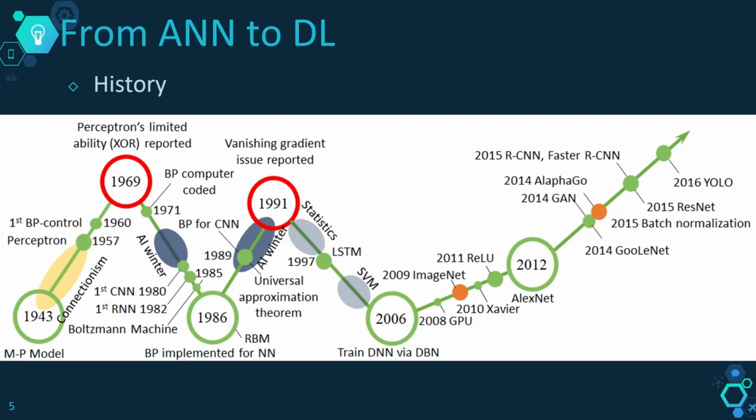In 1986, that's kind of the bottom, backpropagation was implemented for a neural network, and also the restricted Boltzmann machine was proposed, something right up again in around the early 2000. Then in 1989, something called the universal approximation theorem was proposed.